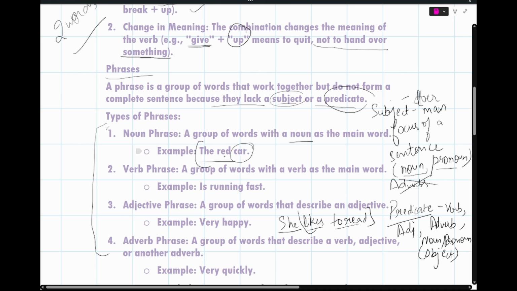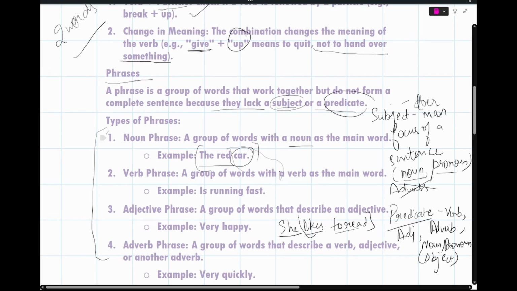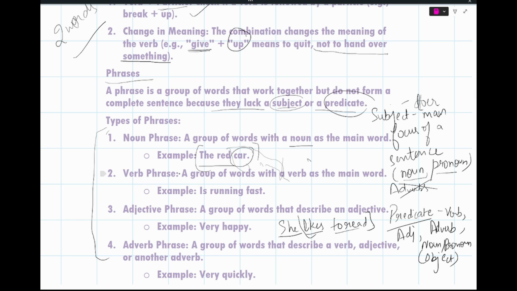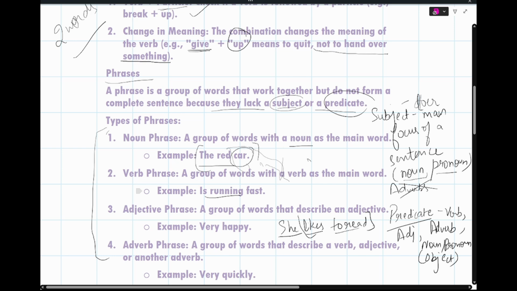This is not a complete explanation, it's just the red car. Then a verb phrase, a group of words with a verb as the main word, like running, where running is the main focus.